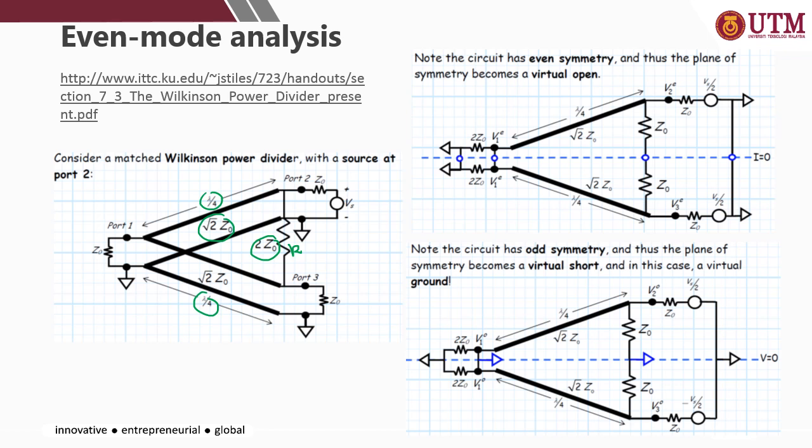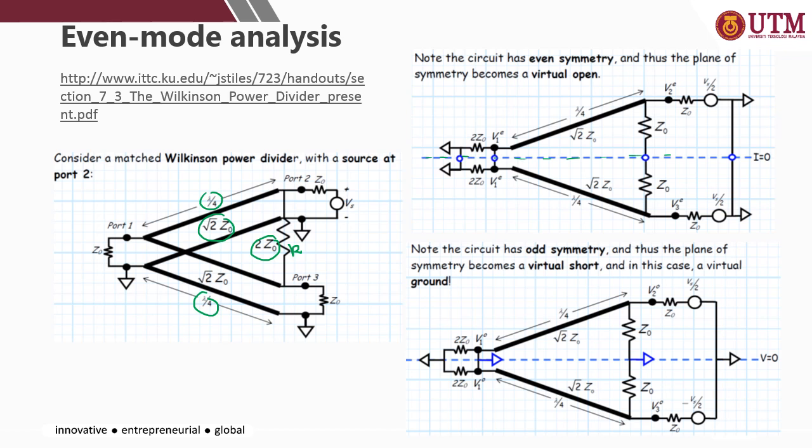The equivalent circuit for this Wilkinson power divider is shown on the right-hand side, in which the superposition technique is used so that the circuit can be seen as symmetrical about the x-axis, as shown by the blue dashed line.